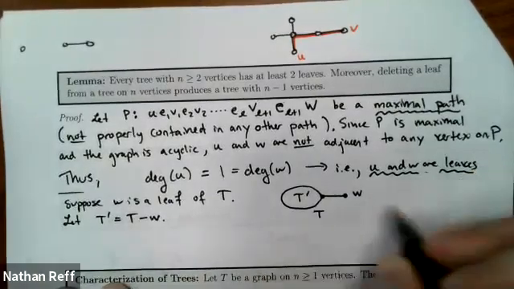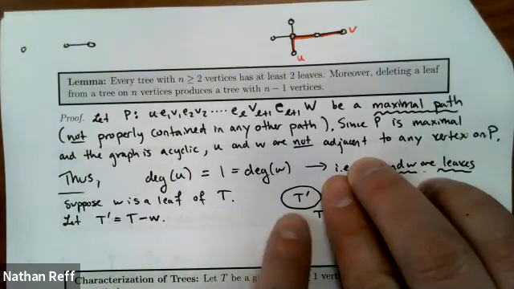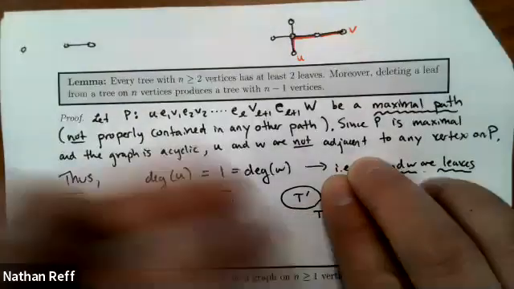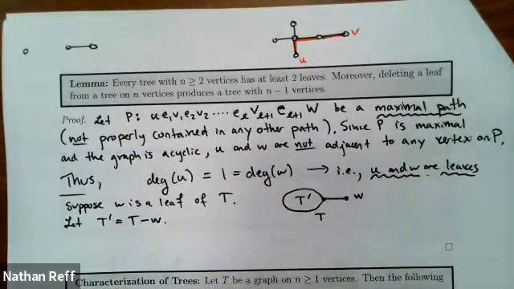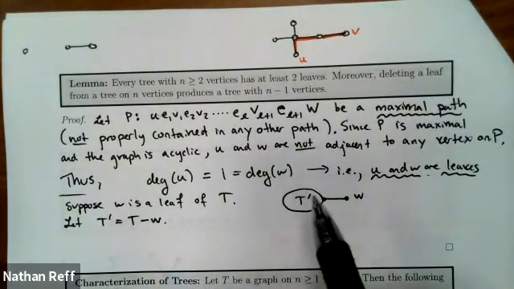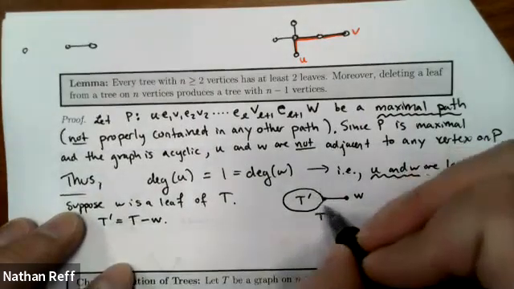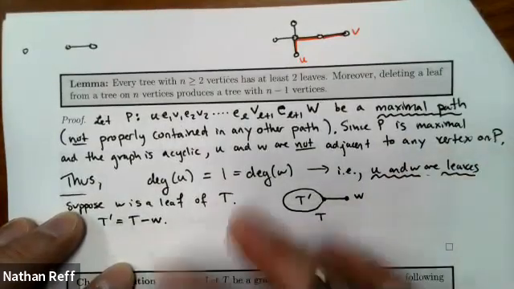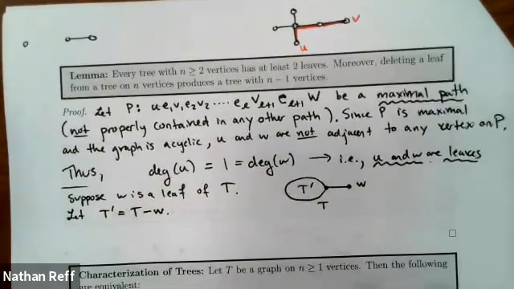So the original tree is everything, including this leaf, but I'm going to remove it, and the remaining graph we'll call T prime. Is that okay? So the picture would look something like this. Now, in your graph, it's not actually going to have a cycle. If you want to create a cloud for this instead, that's fine. Would that make you feel better if it didn't have an actual cycle in it? We okay? All right.